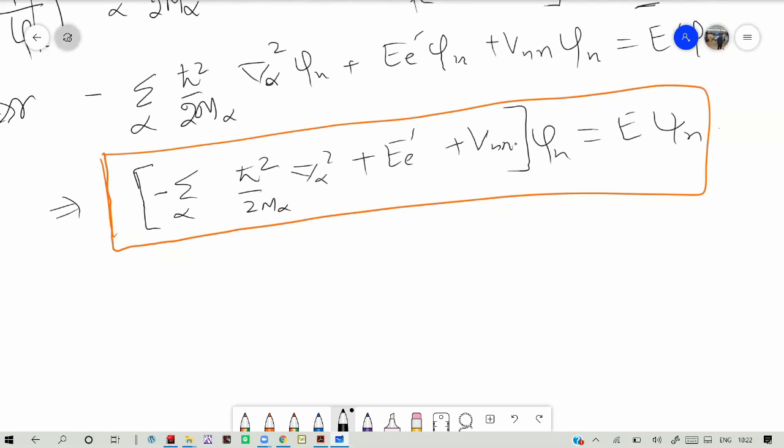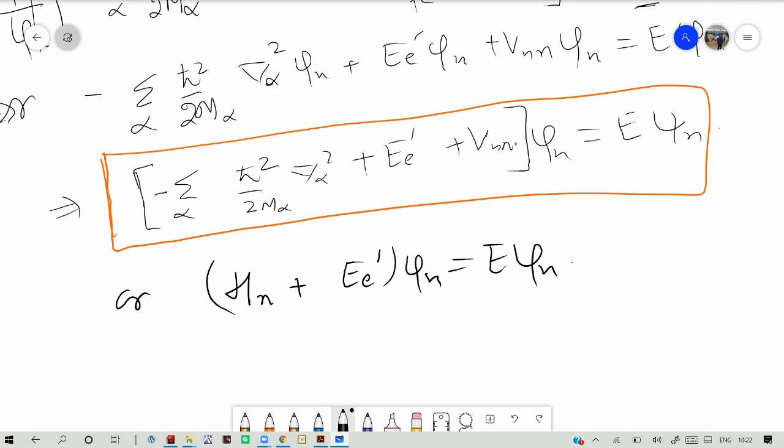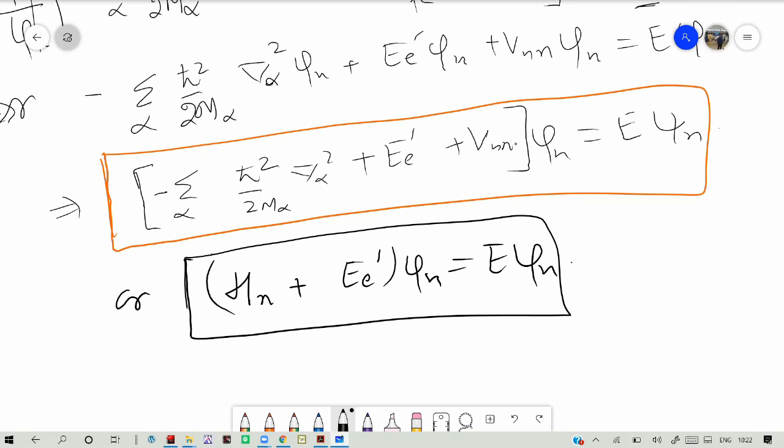Or I can write it as, in general, this is the result, or I can simply write it as this. Is this correct?